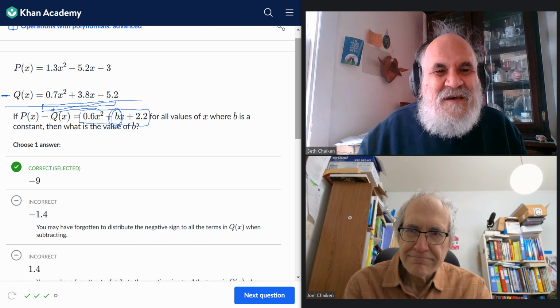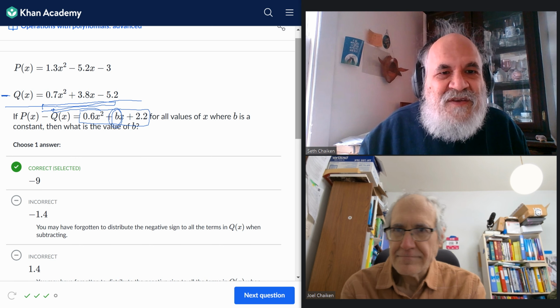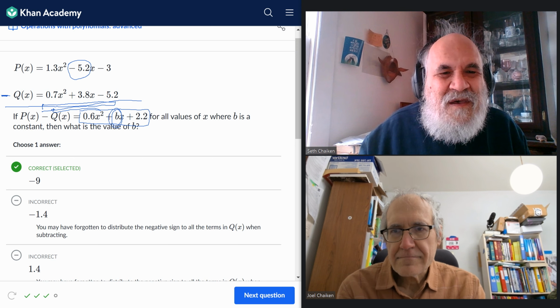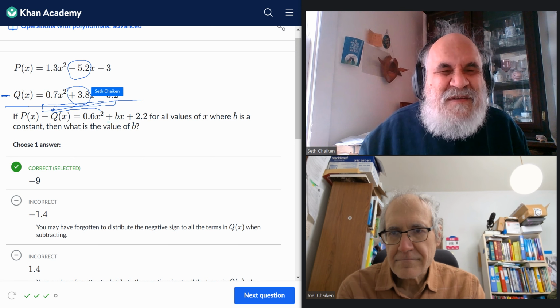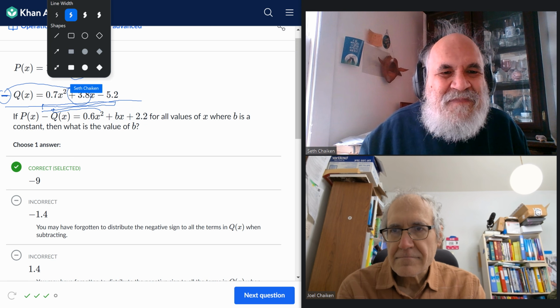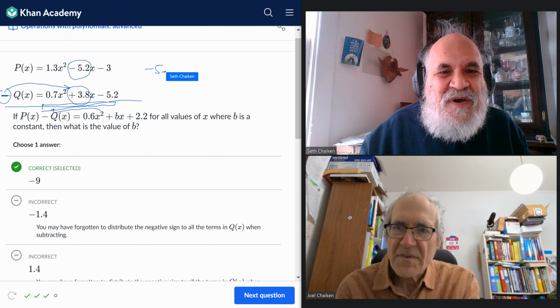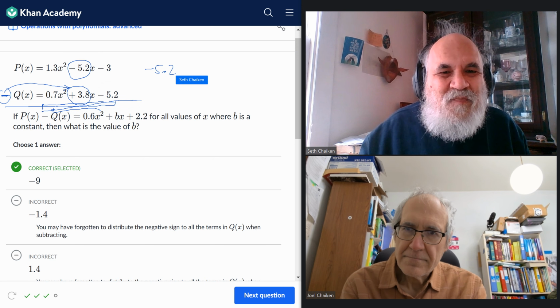So what you do is you think in your mind of circling negative 5.2, circling positive 3.8 and connecting it with the minus. And then the arithmetic is negative 5.2 minus 3.8.